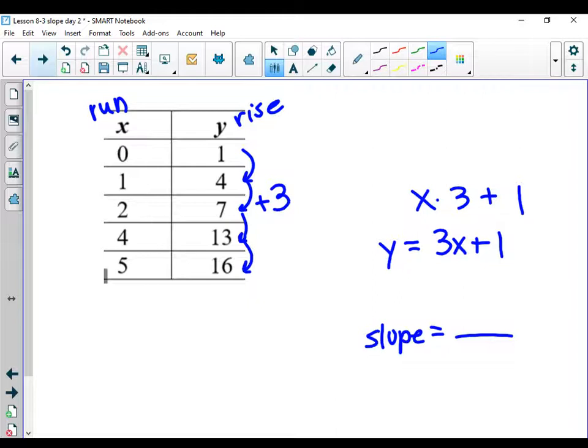Maddie, rise 3, run 1. You're totally right, but look at this. It's because they skipped 3. They're trying to trick us. I hate when they do that. How about now? Now does it work? Yeah. Okay, yay! So rise 3, run 1.